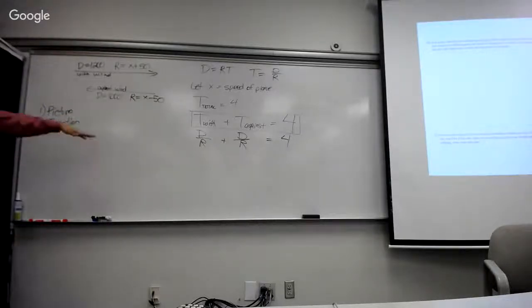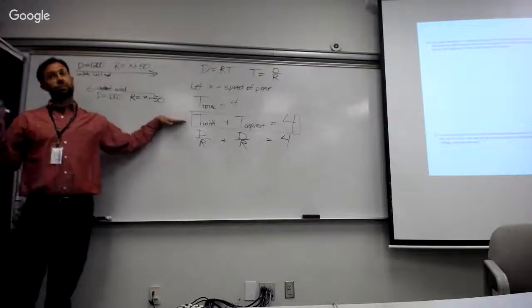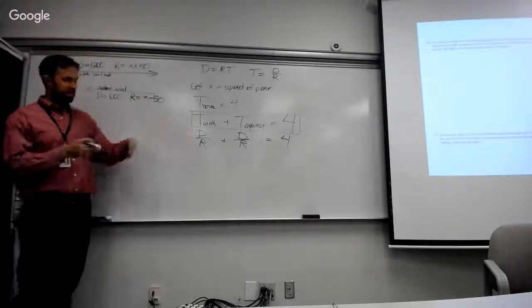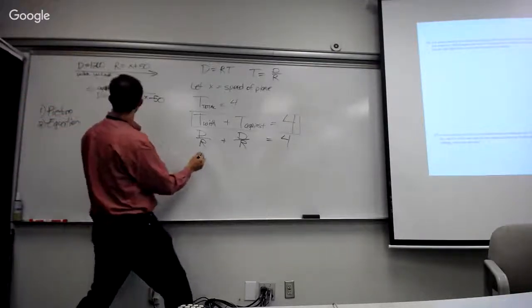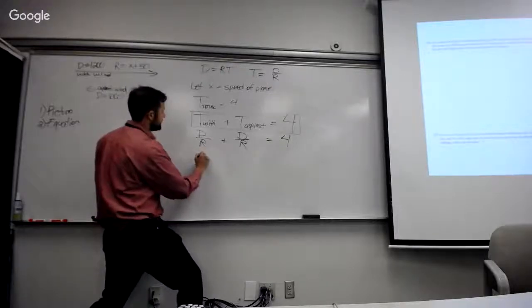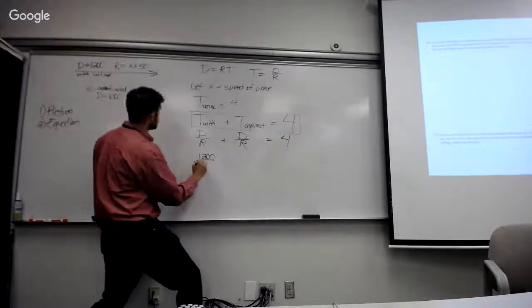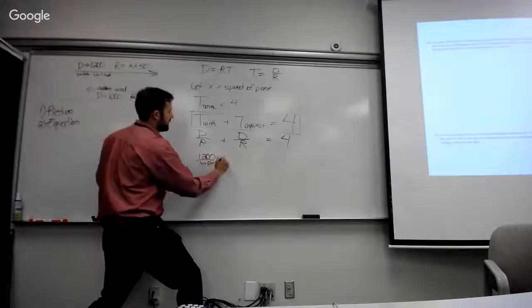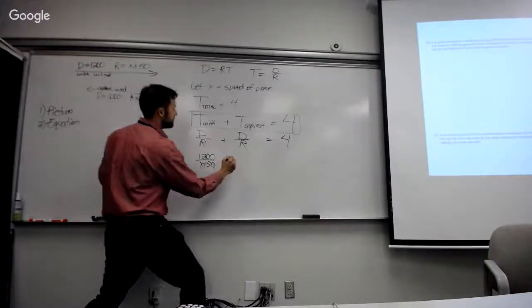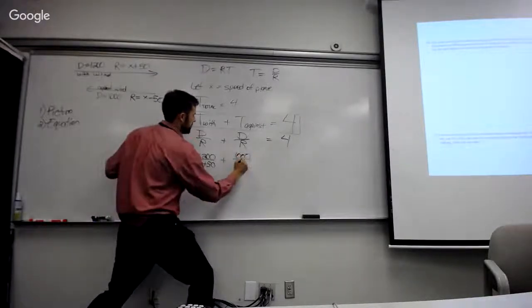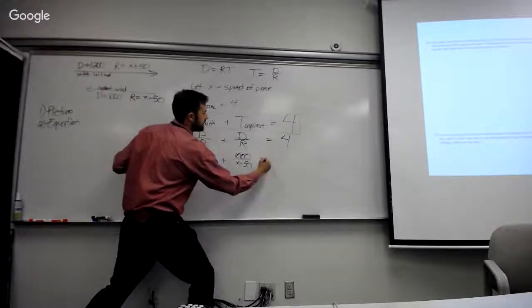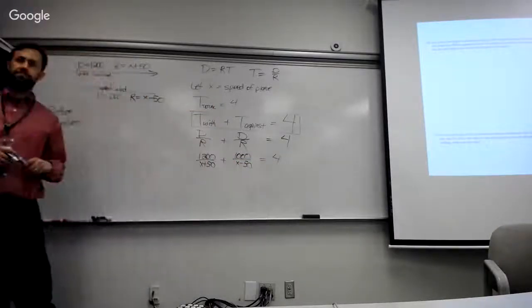The equation is that the time with the wind plus the time against the wind should equal 4. So now we plug everything in. So the first one with the wind is what? 1200 over x plus 50. And then the time against the wind was 1000 over x minus 50. And that should equal 4.